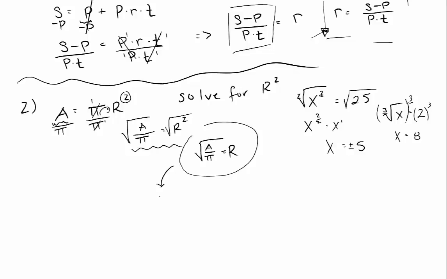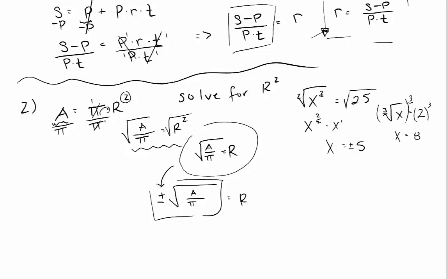So the answer is plus or minus the square root of A divided by pi is equal to r. If I took the square root of 25, it's actually plus or minus, because negative 5 times negative 5 is also equal to 25.